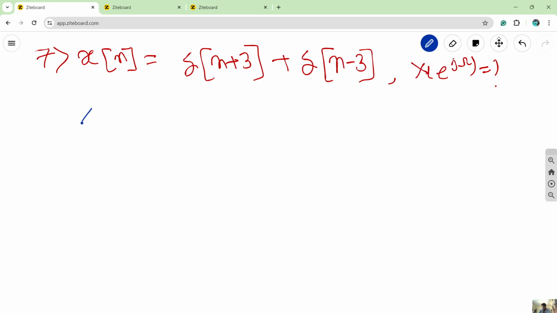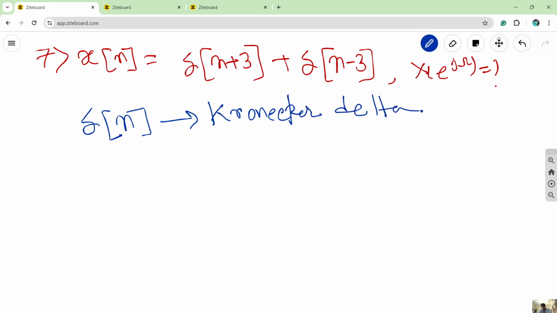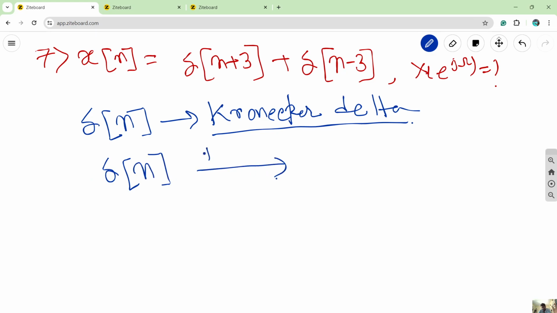So we know that if it is a signal del of n, that is the Kronecker delta function, then del of n has a DTFT of 1.